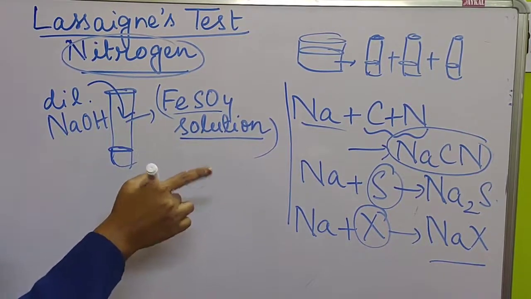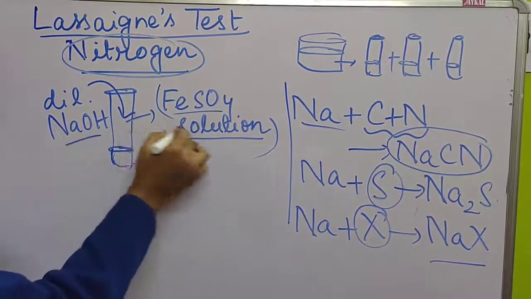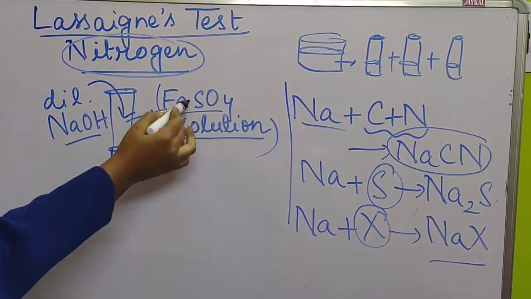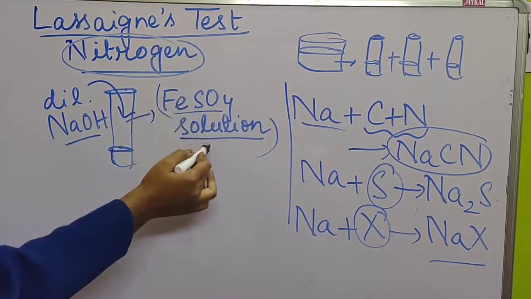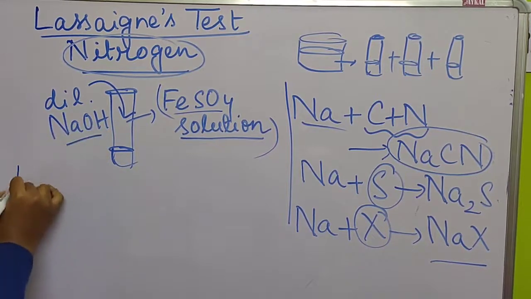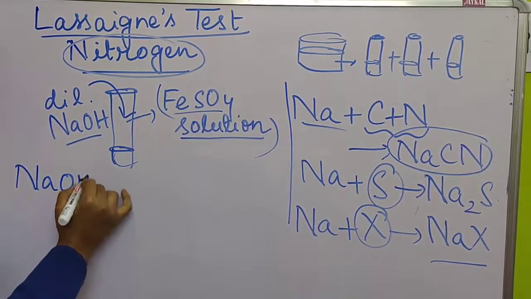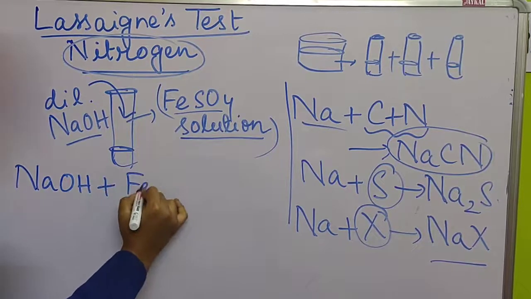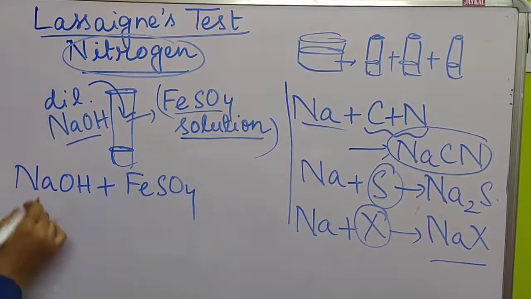Before this reaction, we have to make this mixture also, freshly prepared FeSO4 and dilute NaOH. This mixture will form this compound.